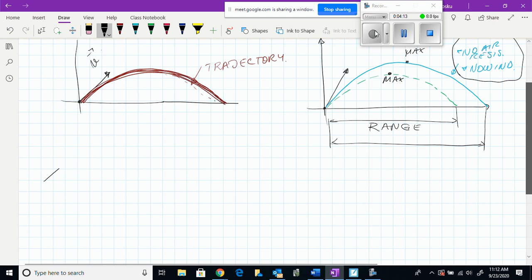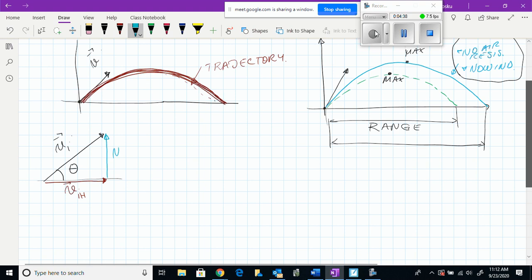So if we have an initial velocity that makes a certain angle with the horizontal, let's say angle theta, then we are able to find the horizontal component of this vector and the vertical component of this vector.